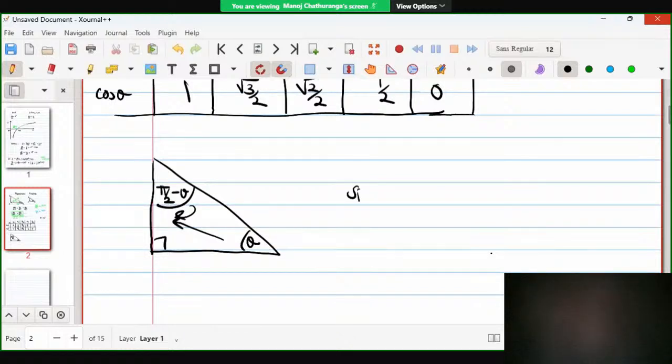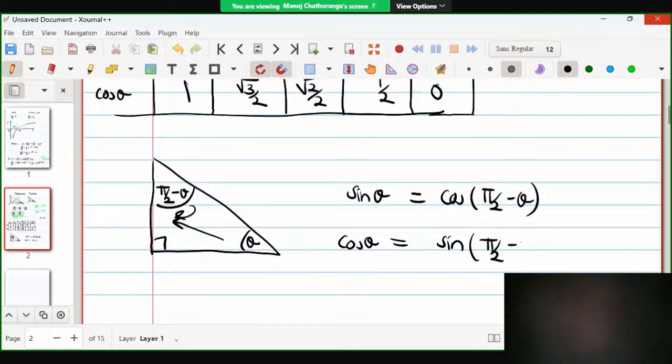As a result, the sine value of theta is equal to the cosine value of the complementary angle. Cosine theta is the same as sine of the complementary angle. So the complementary angle changes sine to cosine and cosine to sine.